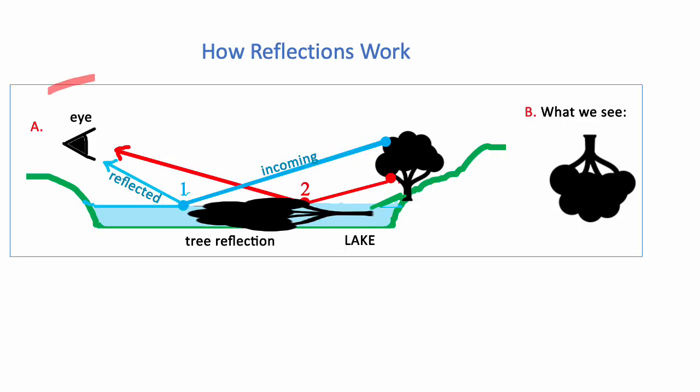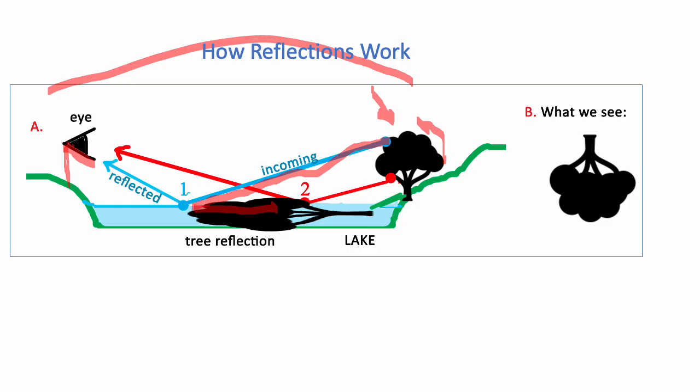To understand reflections, we have to see the whole process from the side. So the viewer's eye is here on one side of the lake, and he's looking at the reflection in the lake from the tree on the other side of the lake. So light rays hit this tree, and the tree spreads light rays all around, but the one we're interested in is the one that comes down to the water, bounces up at the same angle to go directly to the eye, because that's the only light we see.